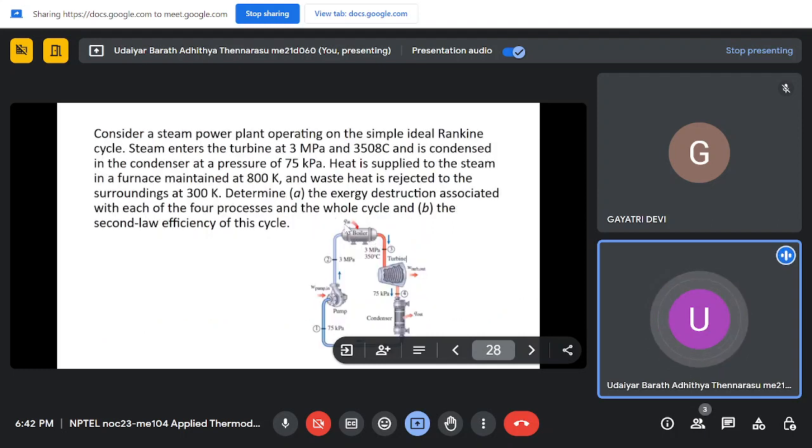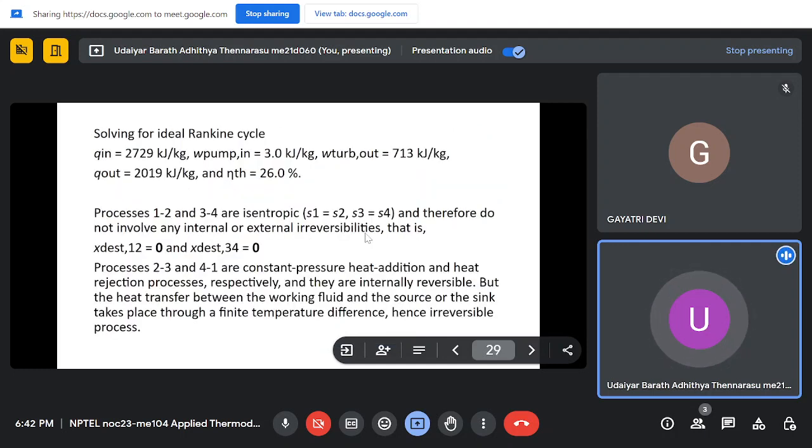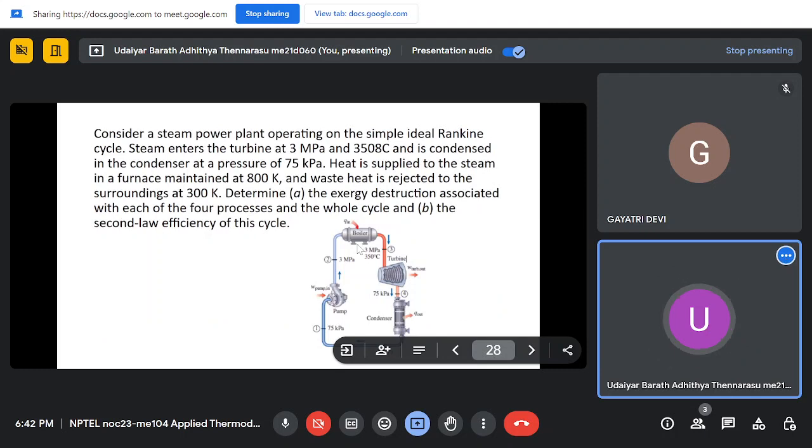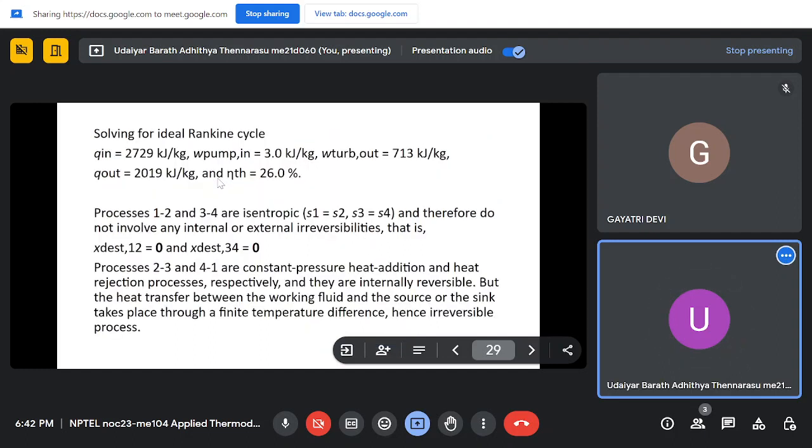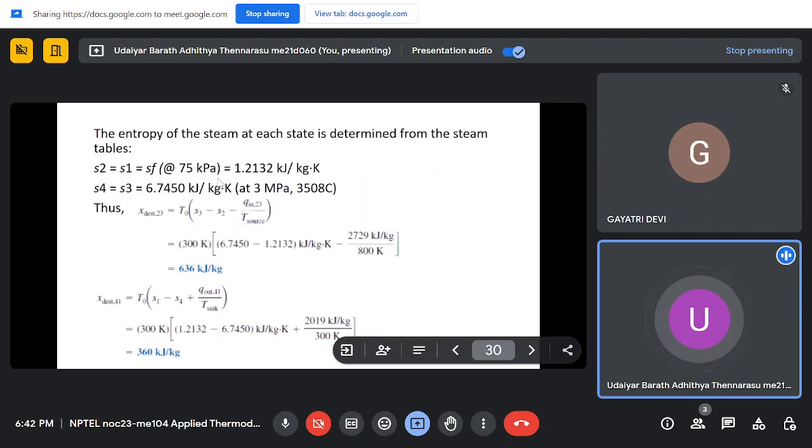So in just the boiler there will be no exergy destroyed. It's internally reversible, but because the heat transfer is happening across a temperature difference, because heat transfer can happen only if there is a temperature difference, and the source is at 800 Kelvin, there will be some irreversibility because of that.